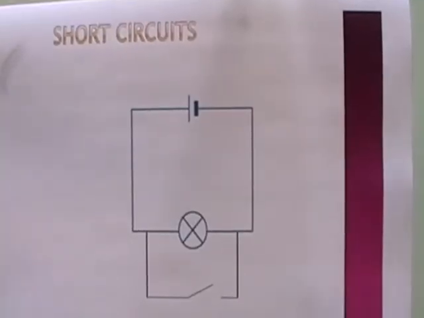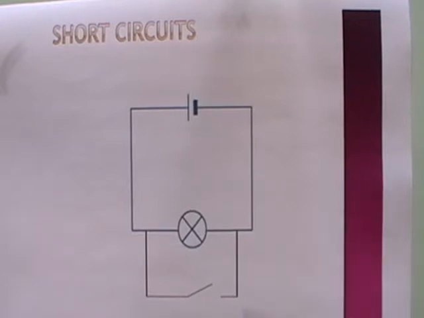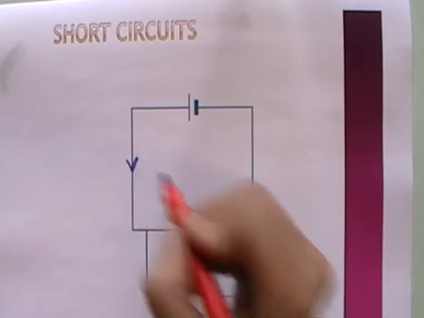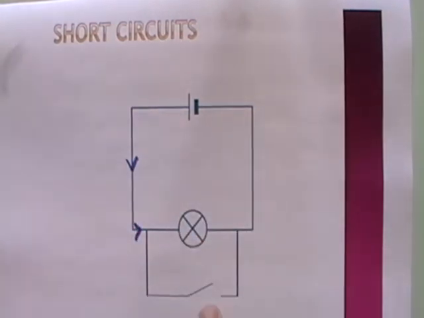Okay, short circuits. A short circuit is a circuit which allows current to flow through the easiest path. Now, this is a circuit here where you have got a cell, current's flowing round here and gets round here. Now, when the switch is open here, the current can't go through this part because it's broken.